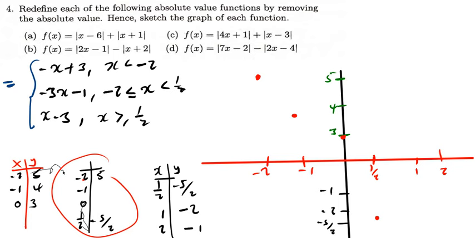Then 1 in x, in y negative 1. Okay, that is that point. In y negative 2. So x 1 in y negative 2 is this point. Let me get rid of this. Another point is 2 comma negative 1, which is there.